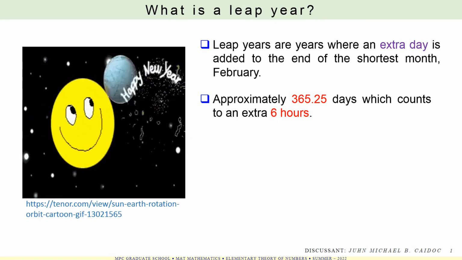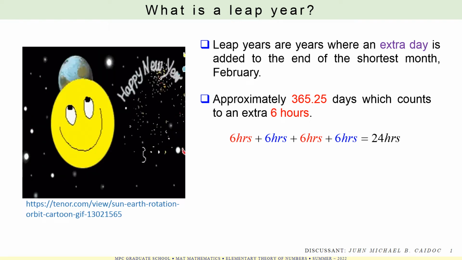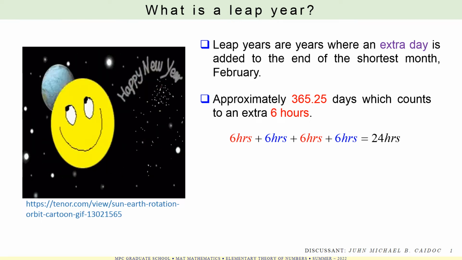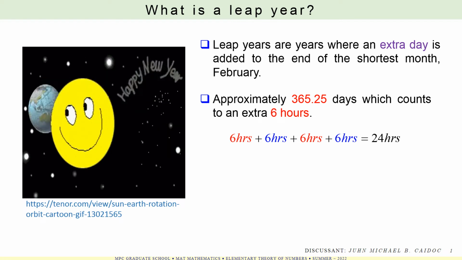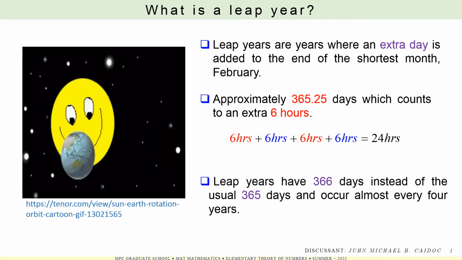What if we add 6 hours 4 times? We have 24 hours, and that is equivalent to 1 day. That's why leap years have 366 days instead of the usual 365 days and occur almost every 4 years.